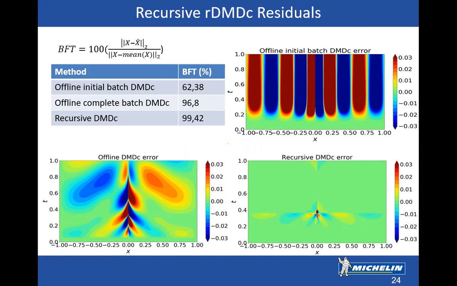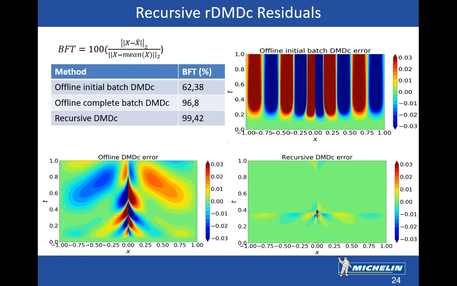They go up to 1.2 and minus 1.2. But the errors of the recursive DMDC reconstruction are almost in the range of minus 0.02 to 0.02, so we have taken this scale for both of them just in order to visualize the difference between them. So qualitatively, we can see the difference and how much better the recursive DMDC error is.